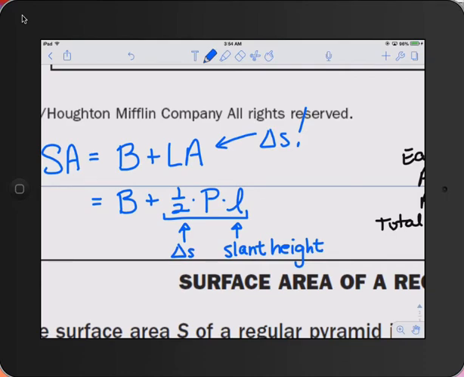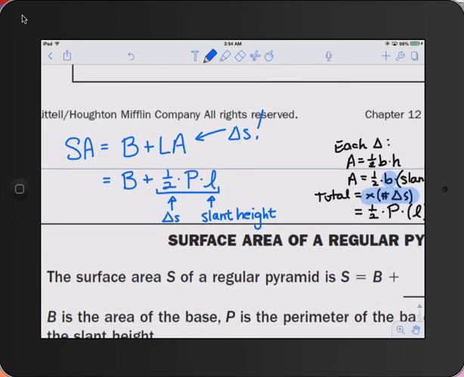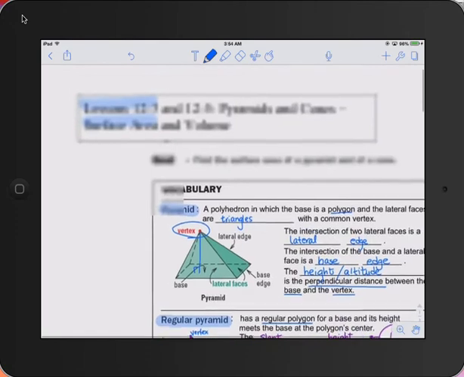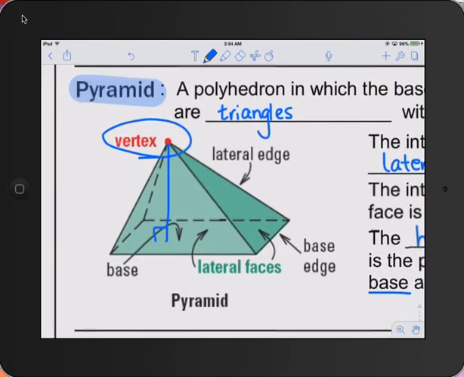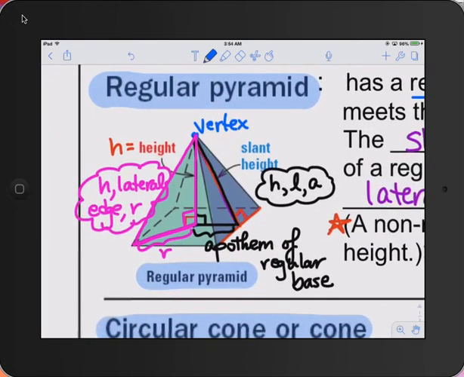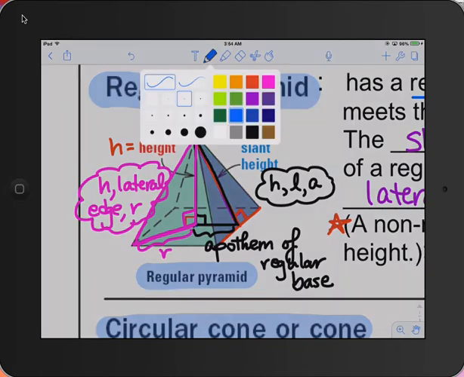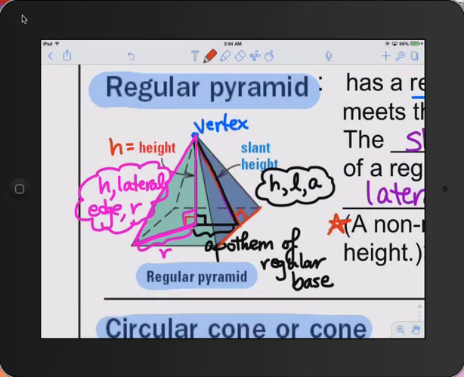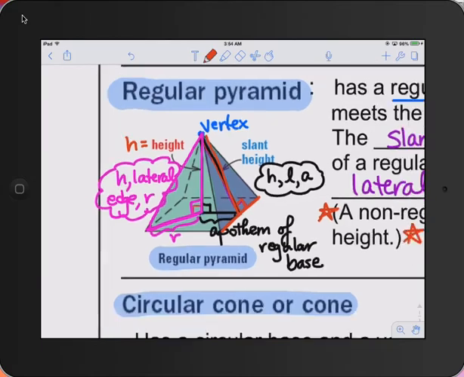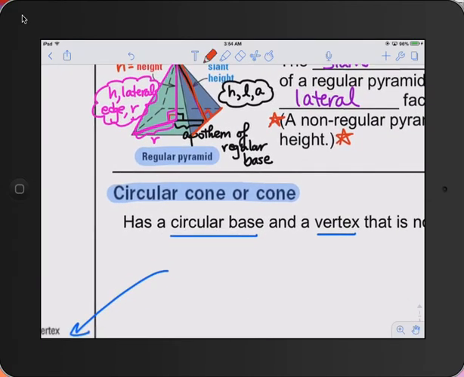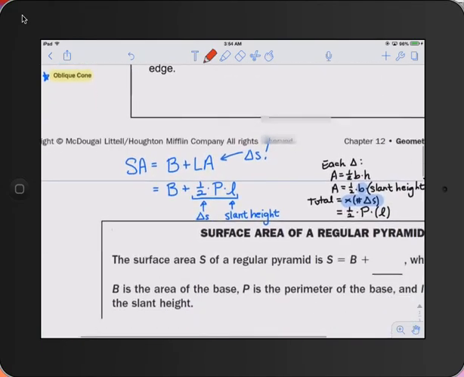So again, because the lateral faces come in to a vertex in these regular pyramids, each triangle is 1/2 the base length times the height. So the height is the slant height, multiplied by how many faces there would be, which is the perimeter.